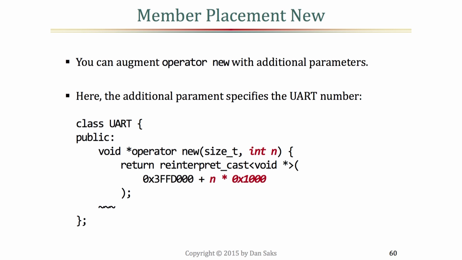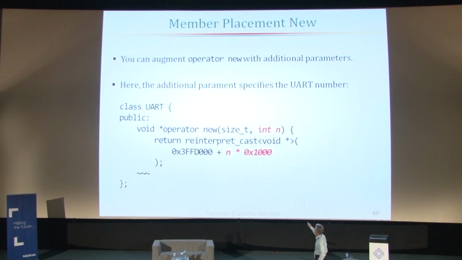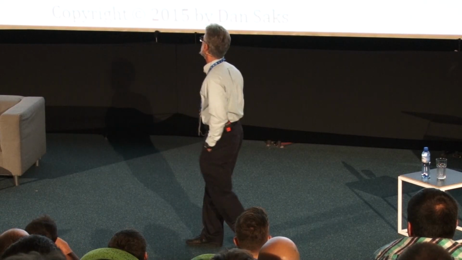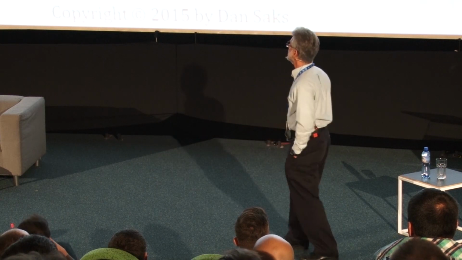And in this particular case, on my hardware, they are all at equally spaced addresses. So you can use a simple multiply there. You take that UART number times an offset, and actually that shouldn't have been 1,000, it should have been 100. But you get the idea.